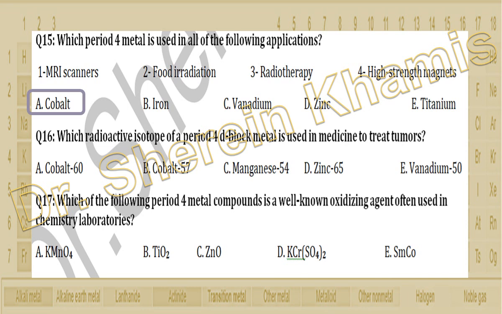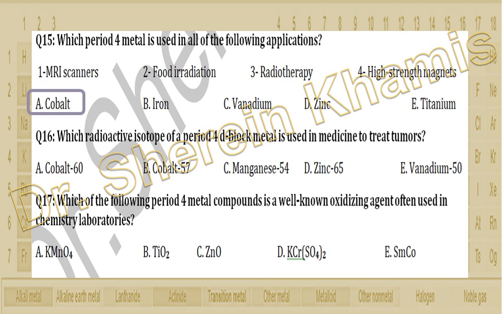We have cobalt 60, cobalt 75. I think the answer is clear. We have two cobalt options here, manganese 54, zinc 65, and the last one vanadium 50. One of them will be the right answer, cobalt 60 or cobalt 75.